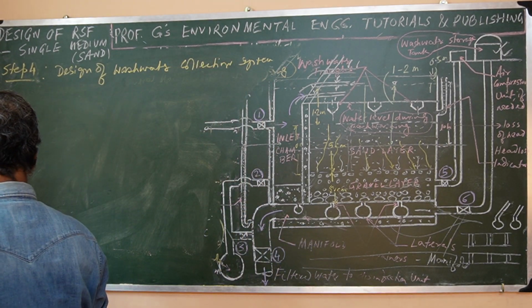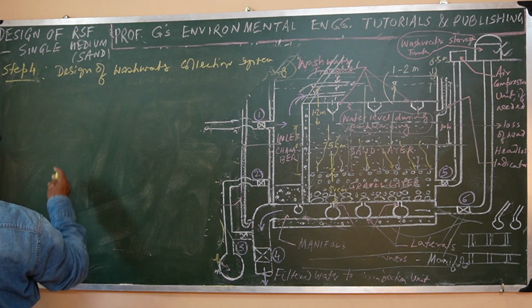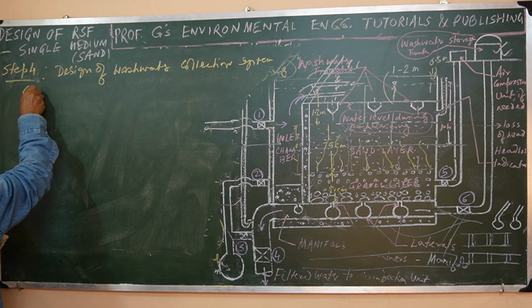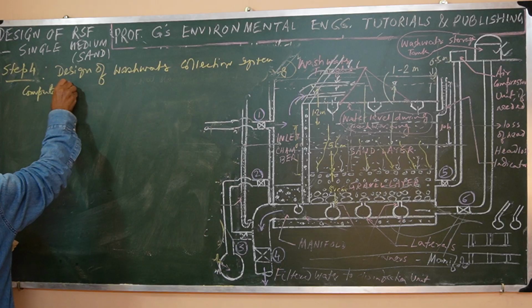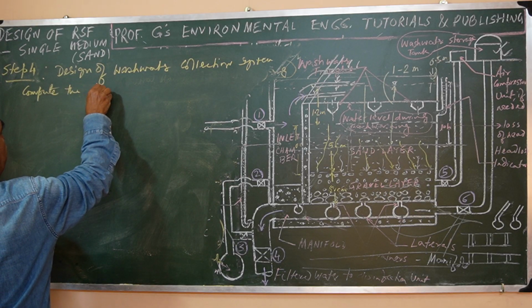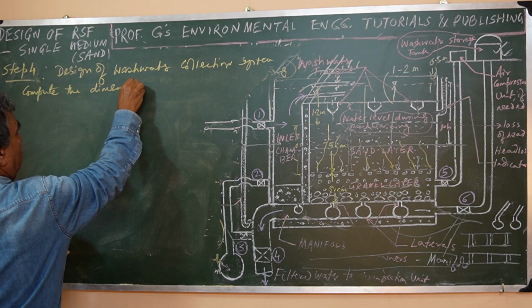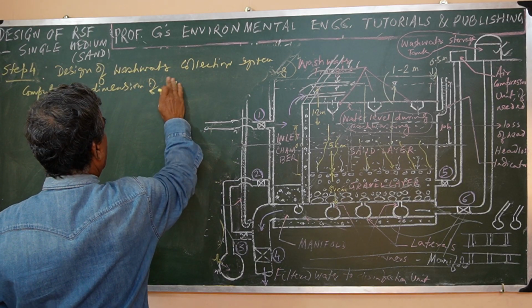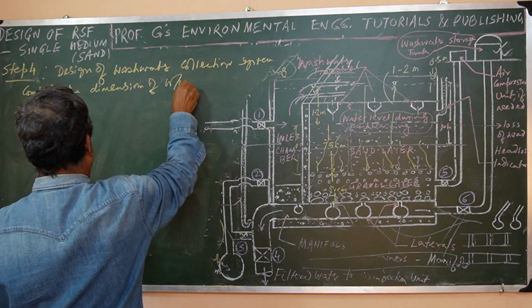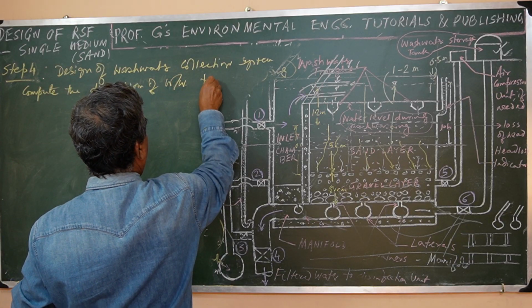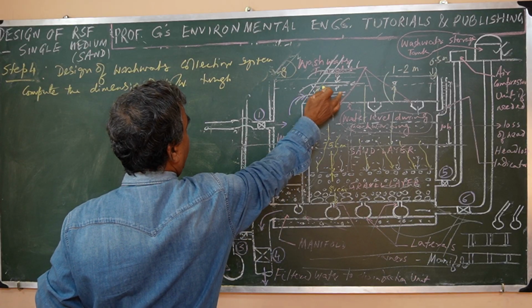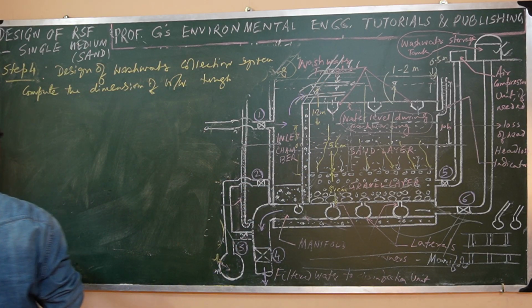Now here you see, compute the dimension of wash water trough. Trough means these troughs. This is gullet, this is troughs. Okay.